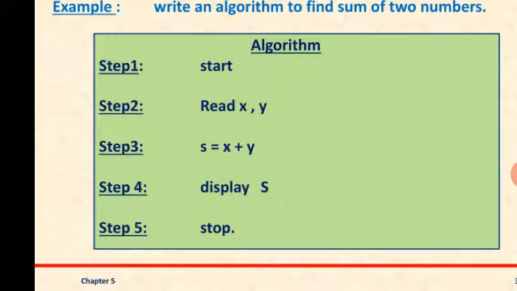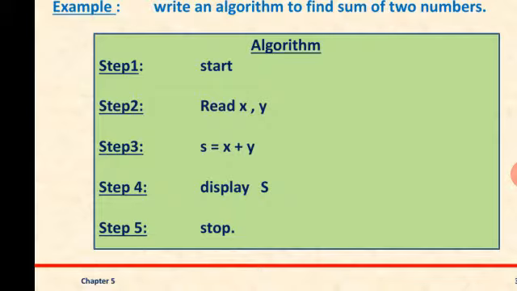Once we understand the requirement, step number 3 is we have to solve the problem. So I have taken here one more variable, s is equal to x plus y. Once we find the sum, then we have to display the result. You can see here in step 3, s is equal to x plus y.